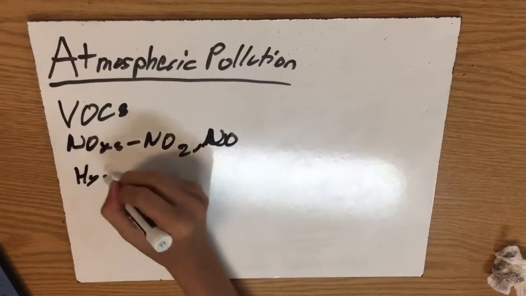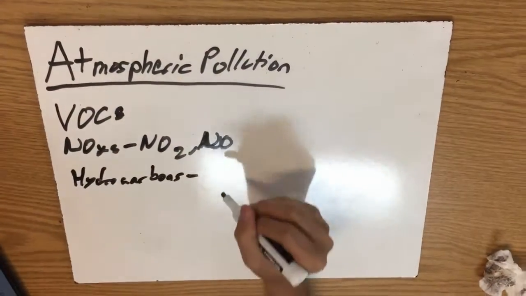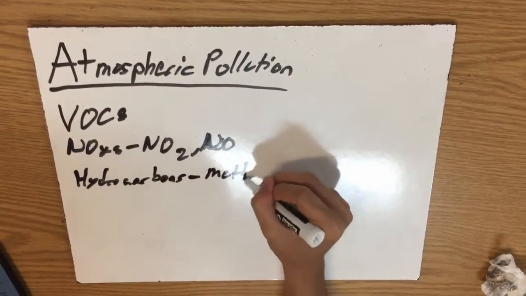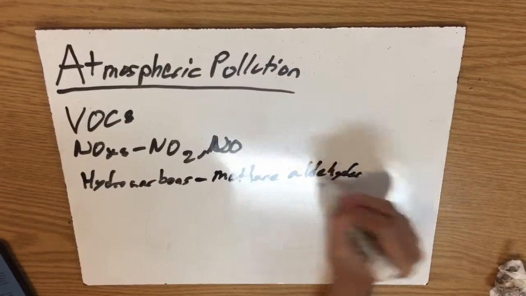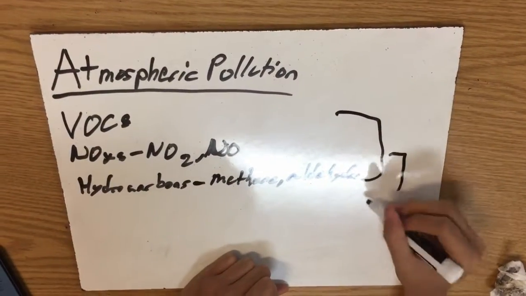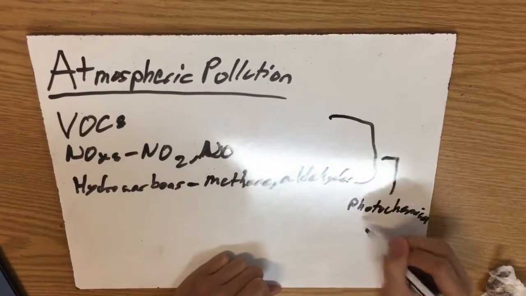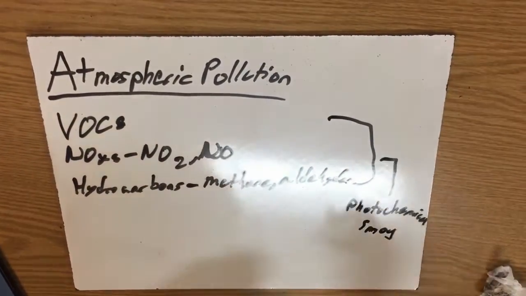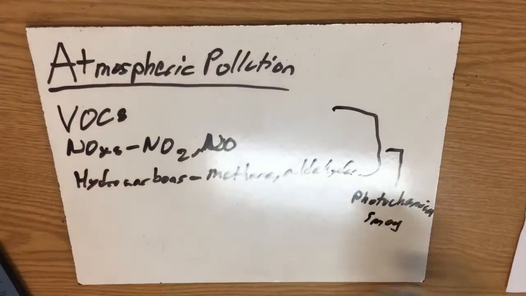We have hydrocarbons, and these can include methane and aldehydes like formaldehyde. And all of these combine to form photochemical smog. This is a really common multiple choice question you might find, so you should just memorize these.